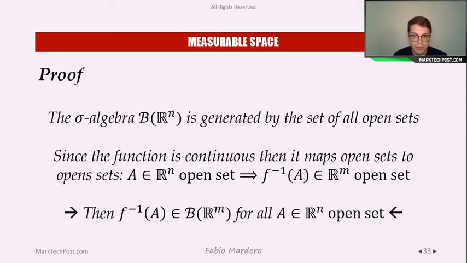That's the property of continuity defined on the topological space. Then we get that the function should also map elements in the Borel sigma algebra to open sets. These are again elements of the respective Borel sigma algebra.